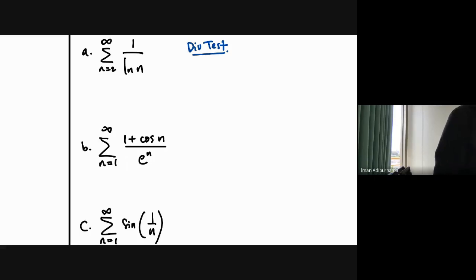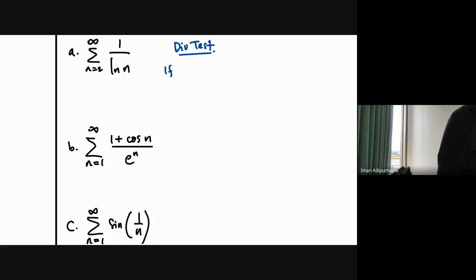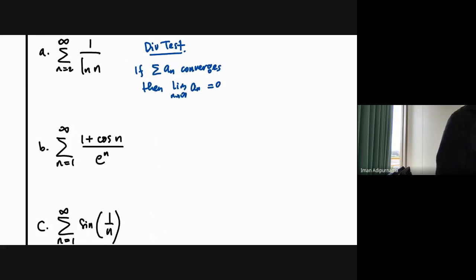Actually, what the divergence test says is, if the series of a_n converges, then its limit is equal to 0. So you need to prove the first one and then go to the second one.